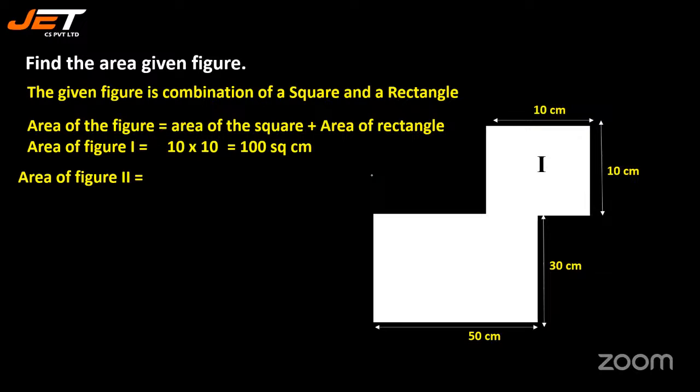And to find the area of the second figure, which is a rectangle, it's length times its width or breadth. So 50 times 30 or 30 times 50, which is equal to 1500 centimeters square.